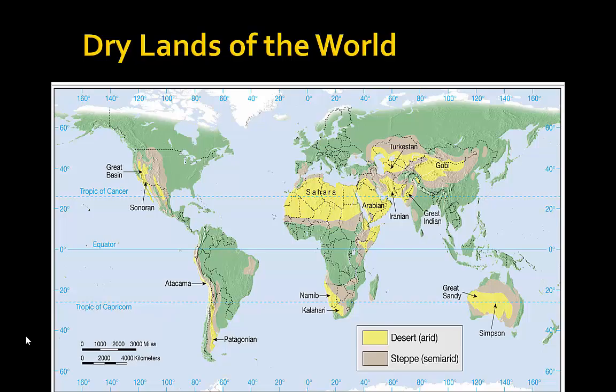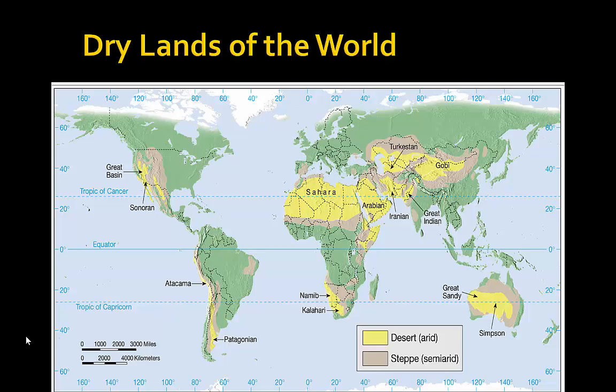When we look at where dry lands of the world occur, hopefully you'll notice a couple different patterns here. One is that we have low latitude deserts. Low latitude meaning that you have deserts occurring at about the Tropic of Capricorn, the Tropic of Cancer, close to 30 degrees north latitude and 30 degrees south latitude. In those cases, this is because you have air coming from high elevation down toward the surface.